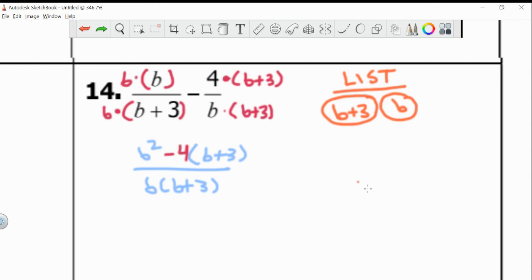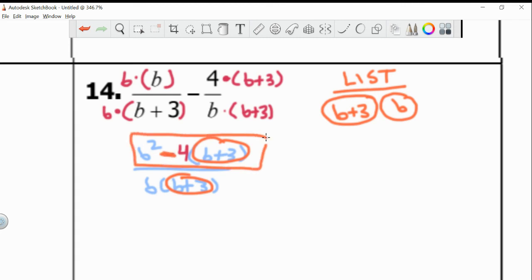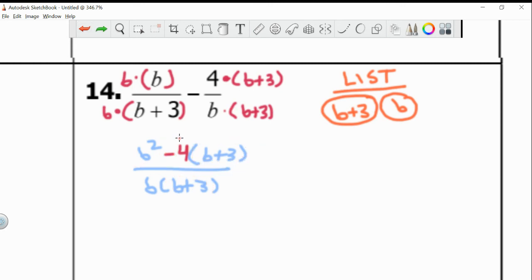And now I'm going to need to go ahead and distribute this. To make the same point I made on the last question, we cannot cancel these out because this subtraction sign has locked all of this together. So we cannot cancel those two things out. We need to distribute this.